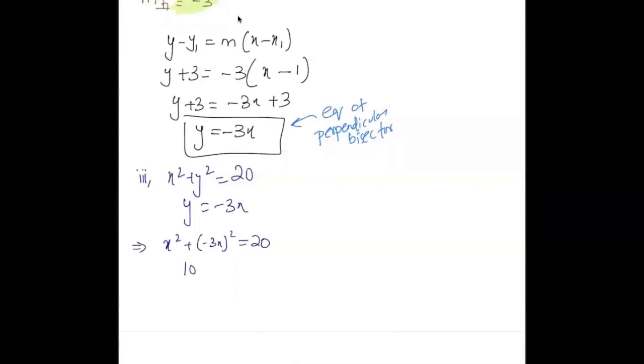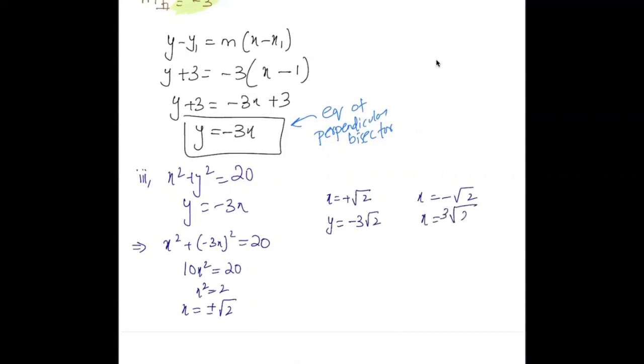That's going to be 10x square equals 20, x square equals 2, x is plus minus square root 2. When x is plus root 2, y is going to be minus 3 root 2. When x is minus root 2, it's going to be plus 3 root 2.